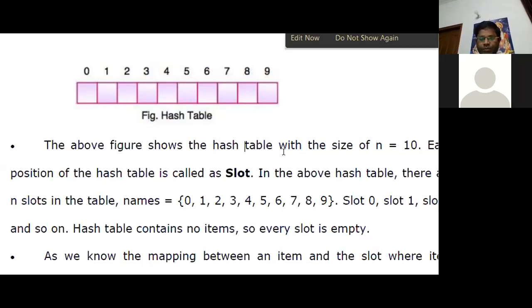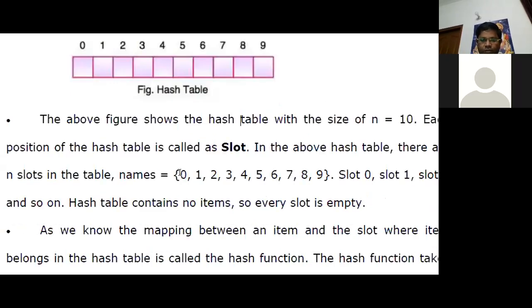Suppose in the above hash table there are n slots, here n equal to 10, and these are basically the indices of the hash table, denoted by 0, 1, 2, 3, 4, 5, 6, 7, 8, 9.